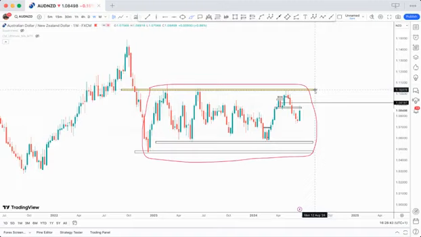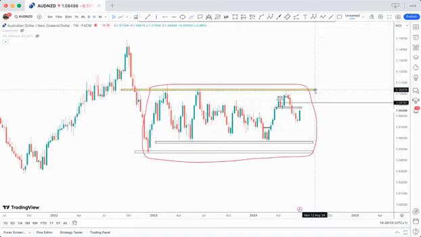So whenever you see a market and you're unable to determine the direction, you want to stay out of those markets, right? It can appear on any time frame: monthly, weekly, daily, 4 hours, 1 hour, irrespective of the time frame.